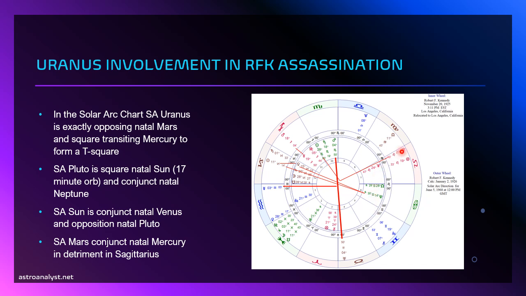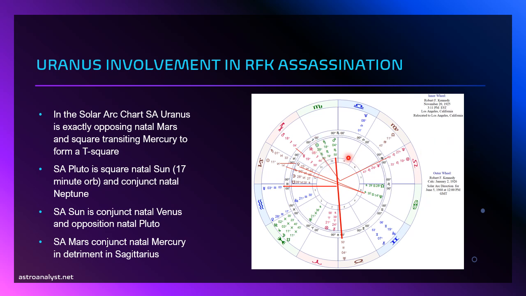Then we have solar arc Pluto at 27 degrees Leo, squaring the Sun at 28 degrees Scorpio. So there you have Pluto coming in, involved in death, heavy transformation, squaring the life force.